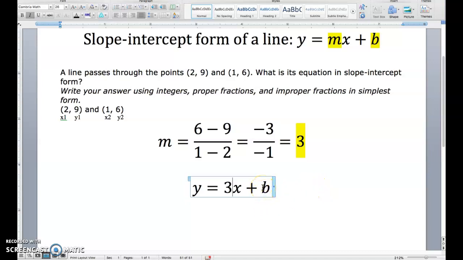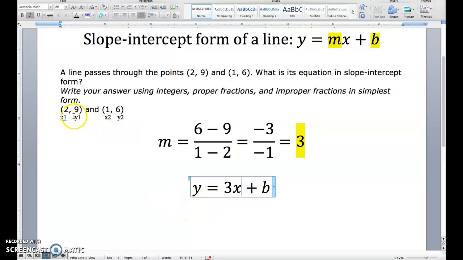I need to find b. If I replace x and y with numbers, then I can solve this equation for b.